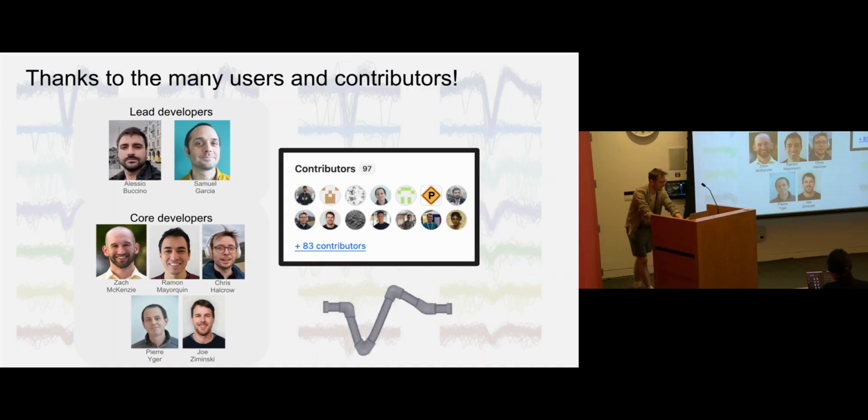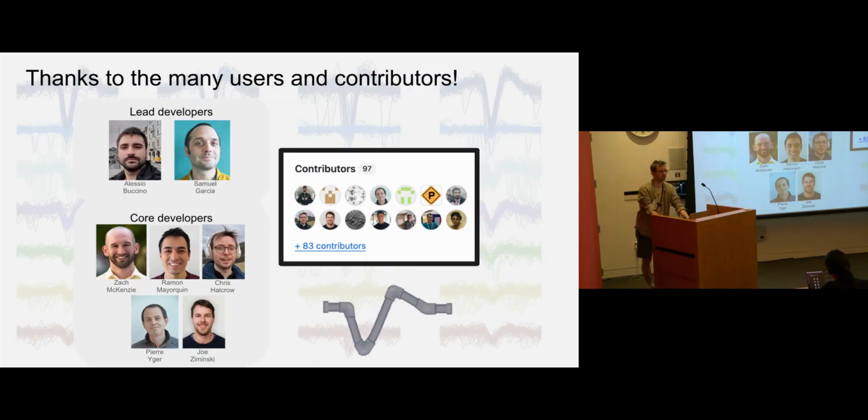He might talk about it. And yeah, so that's some highlights. There's now quite a lot of people who work on SpikeInterface. Alessio and Sam are the lead developers. We all have some of our time working on it or just voluntarily working on it. And now we're approaching 100 people who have contributed to SpikeInterface on the repo.